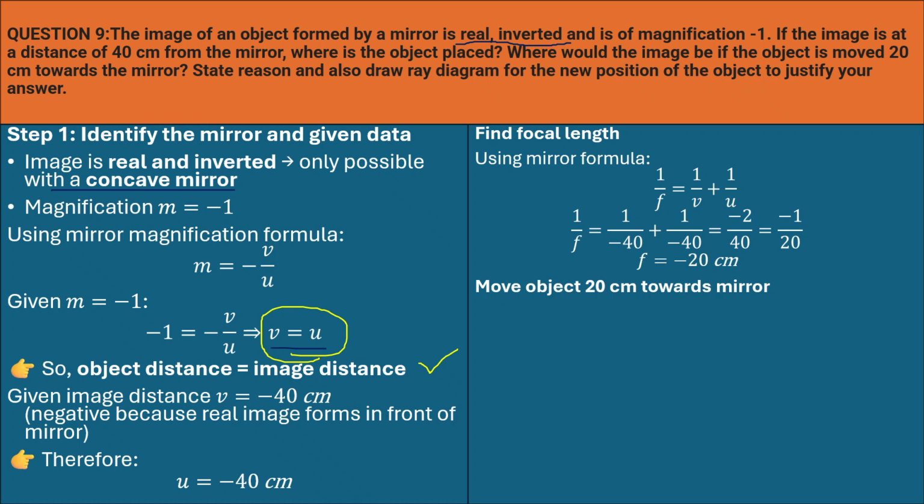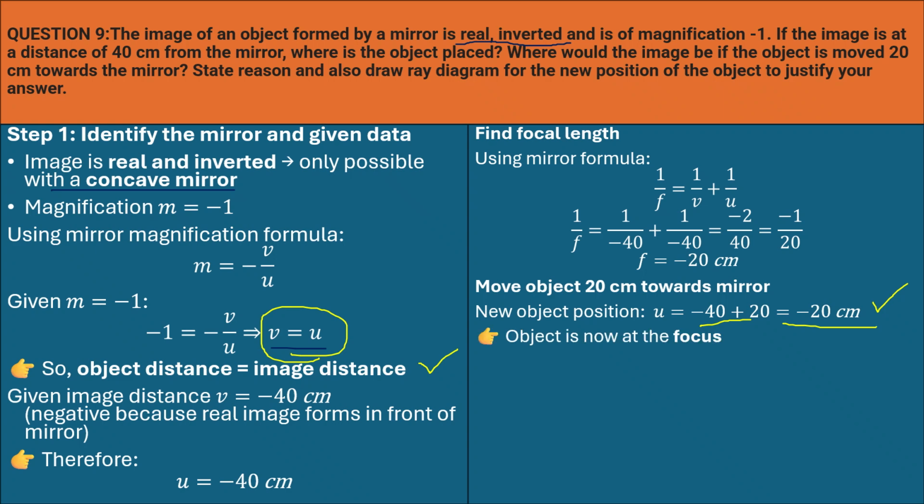So now move the object 20 centimeter towards the mirror. So what will be the new position now? It is -40 plus 20, that is -20 centimeter. Now the object is at the focus. So this point is clear. Now step number 4. Now we need to find the new position.